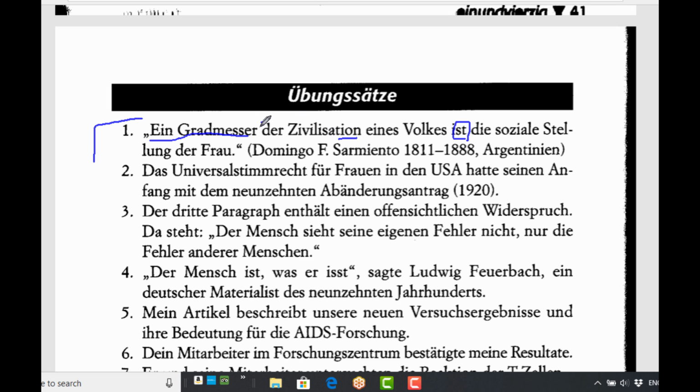Yep, ending in ION. All words ending in ion are 100% feminine. So this is der, genitive, and then what case is eines Volkes? Eines Volkes is in the genitive as well. Yeah. So why is it eines and then es here?